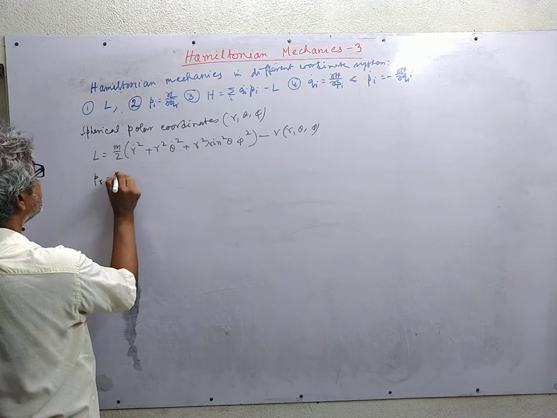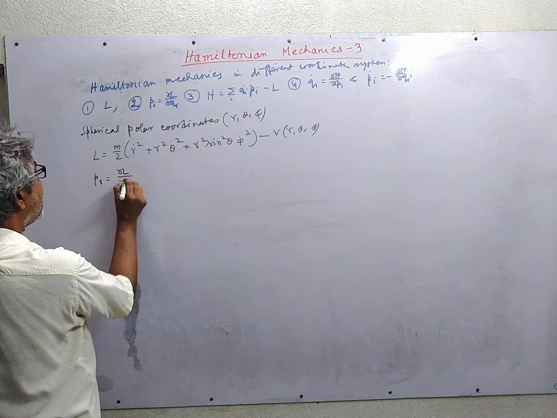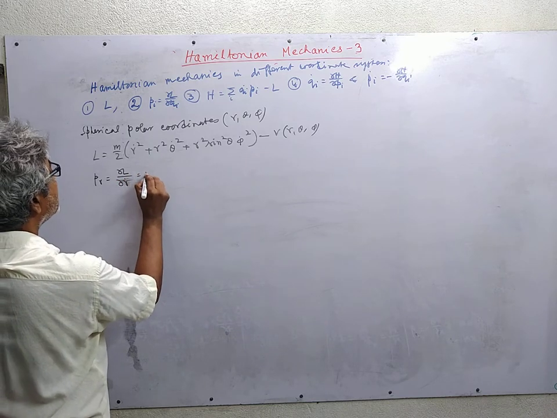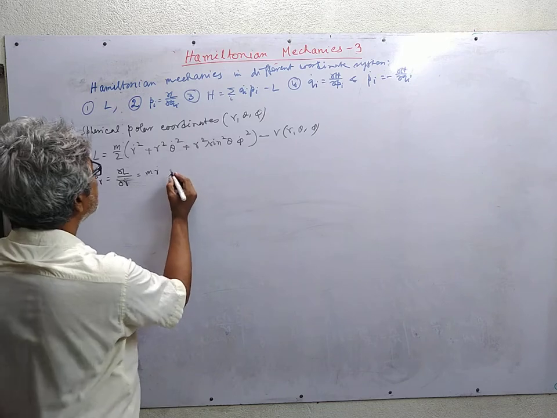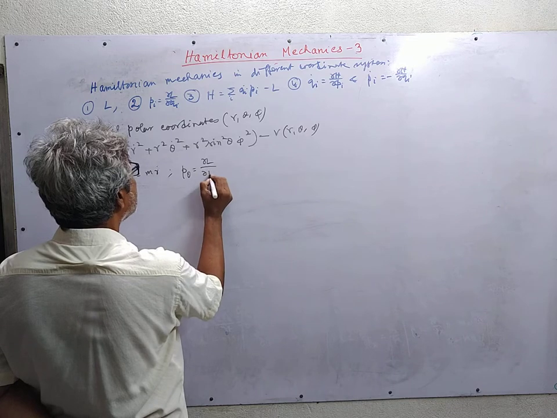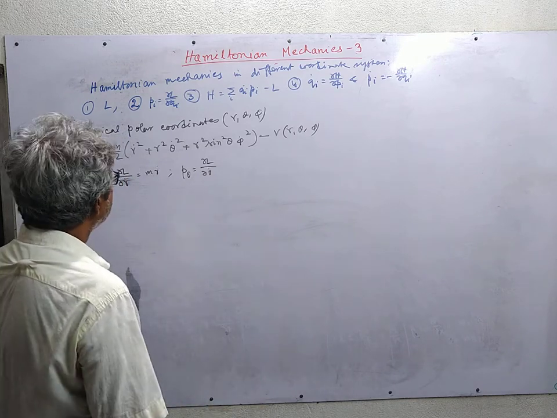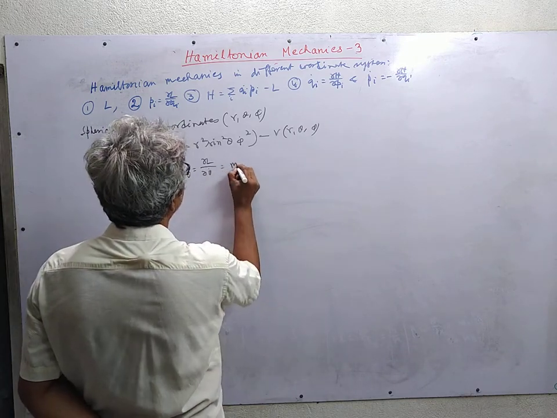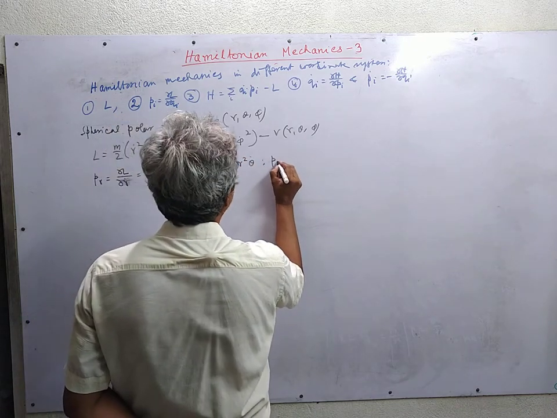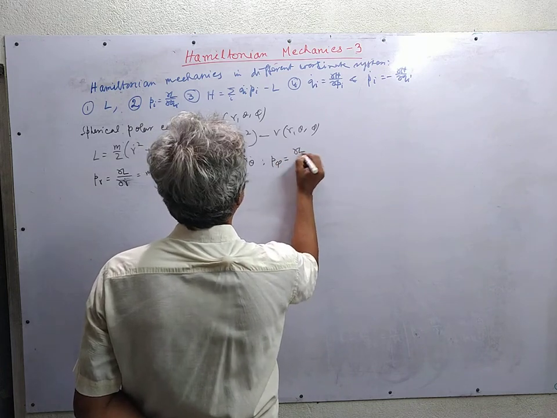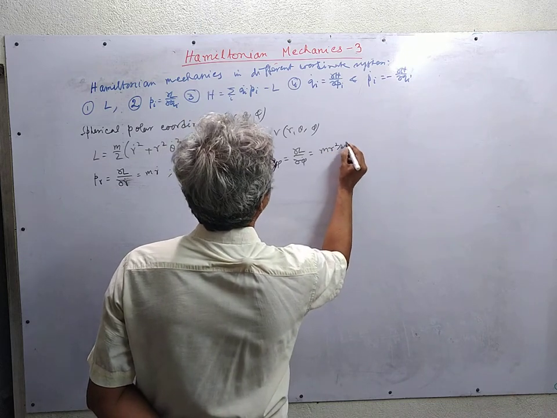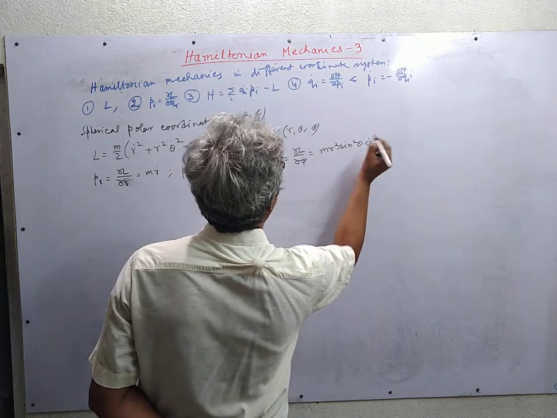PR is equal to del L del r dot, which is m r dot. P theta is equal to del L del theta dot, which is m r square theta dot, and P phi is equal to del L del phi dot, which is m r square sine square theta phi dot.